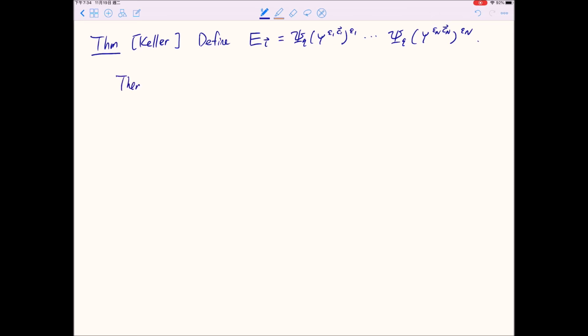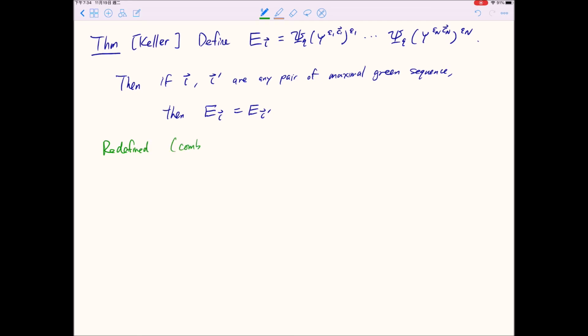Then the claim is that if I and I prime are any pair of maximal green sequences, then this expression does not depend on the choice of I. And this is known as the refined combinatorial Donaldson-Thomas invariant of your quiver Q.